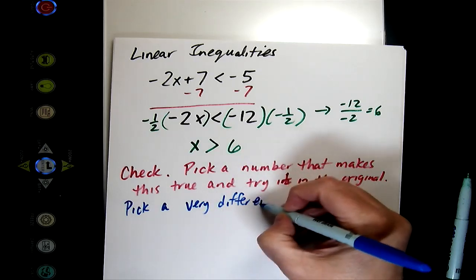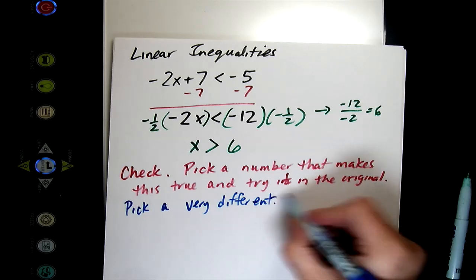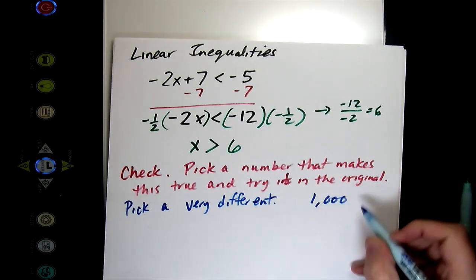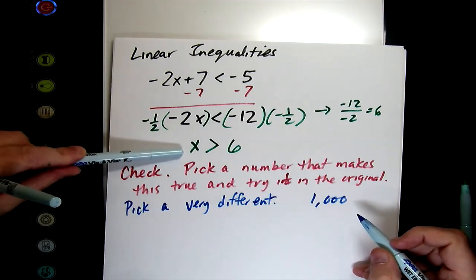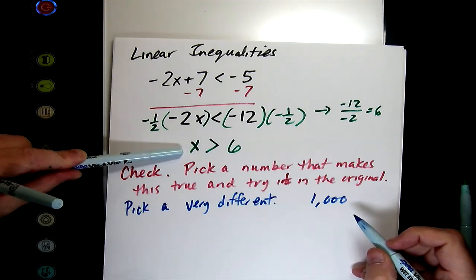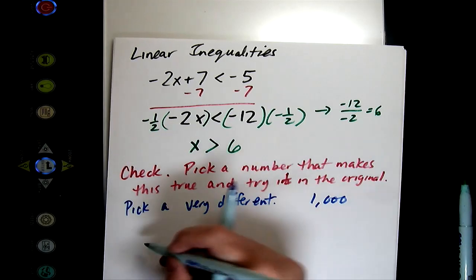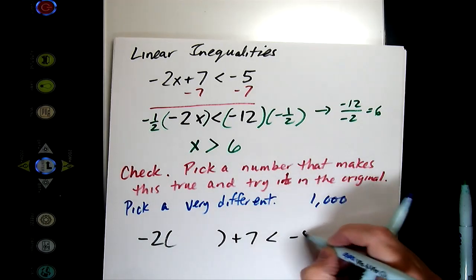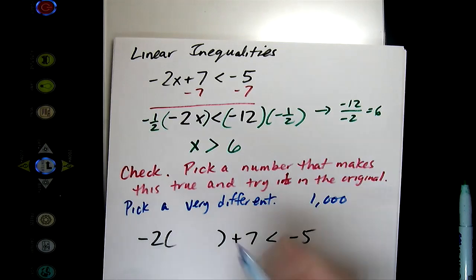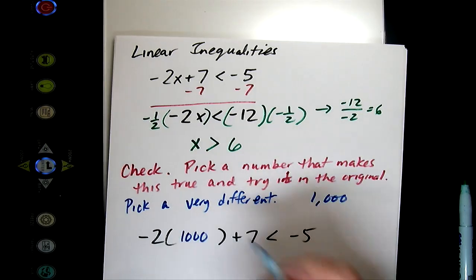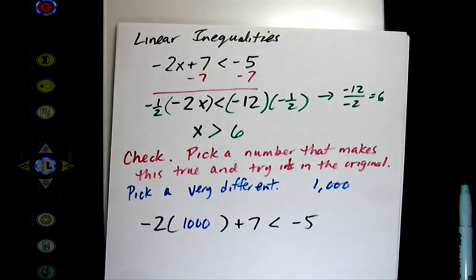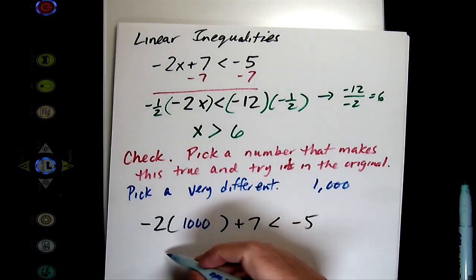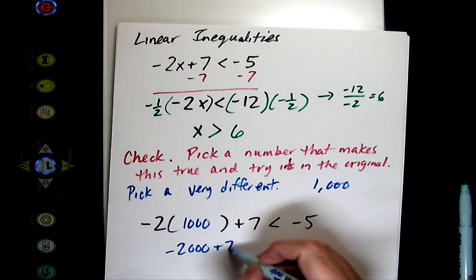Like in this case, I don't want 7. I'm going to try 1,000. I know 1,000 is greater than 6. When I try it up here in the top one, I've got negative 2, and I plug in 1,000 here. I've got negative 2,000 plus 7.